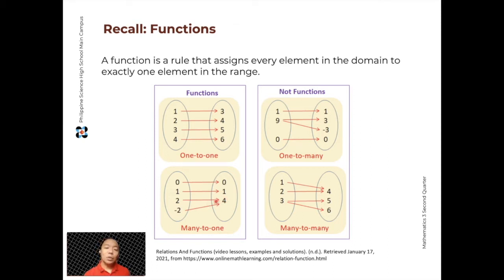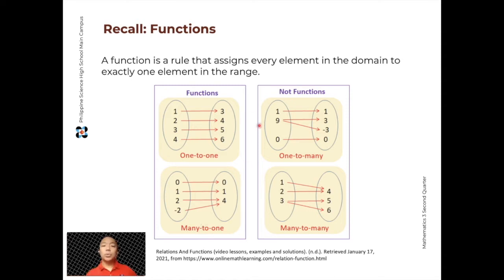So kahit umuulit yung pagmap ng elements na sa domain to a single element in the range, it still satisfies the definition. Dito sa not functions, si 9, namamap siya to 2 elements in the range. So it fails the definition. Now, these are all relations kasi they describe relationships between elements in a domain and range, pero ang kinoconsider lang natin na functions ay itong unang dalawa.